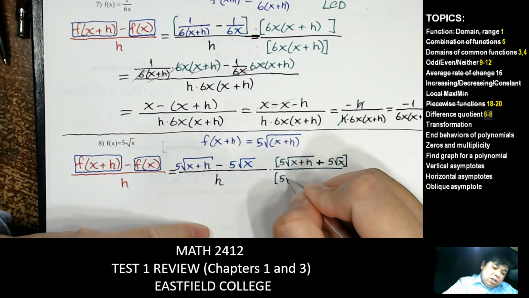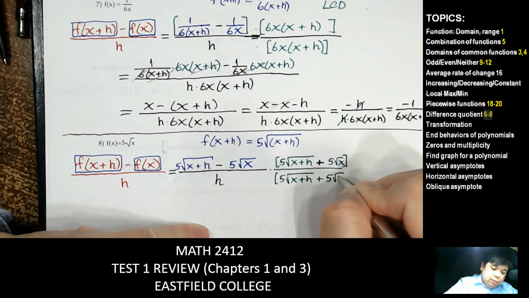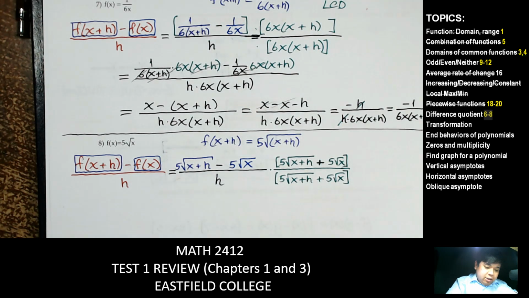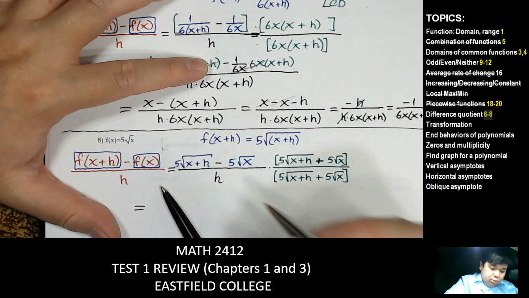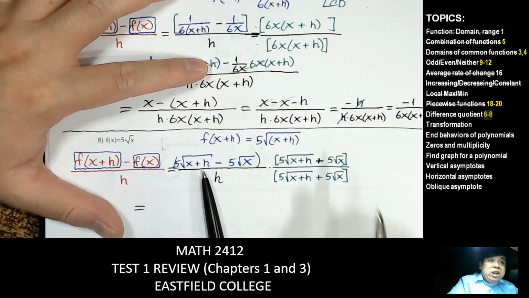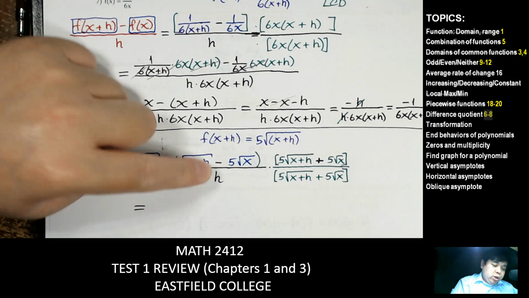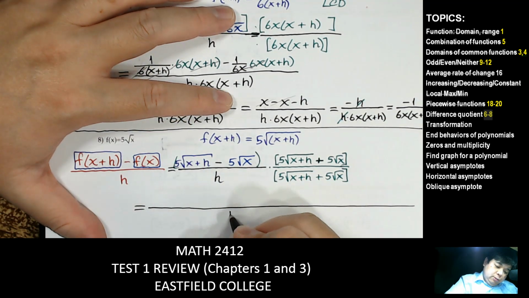So same thing top and bottom. Right. Let's just put the parentheses here. So we only need to multiply the top, because the bottom we leave the h there to cancel. So I'm going to write that first.